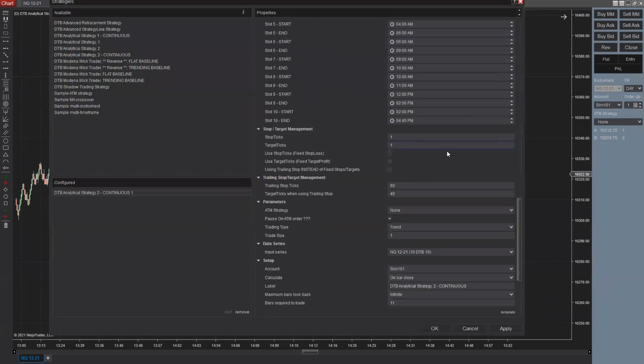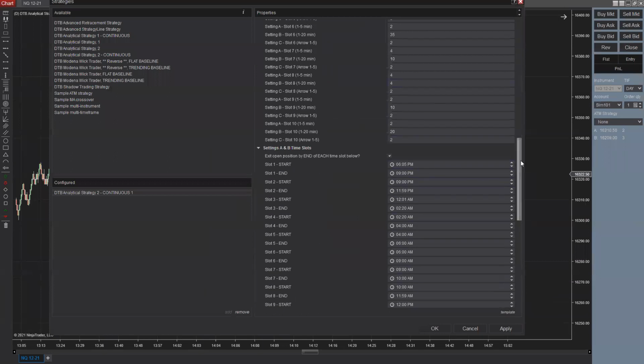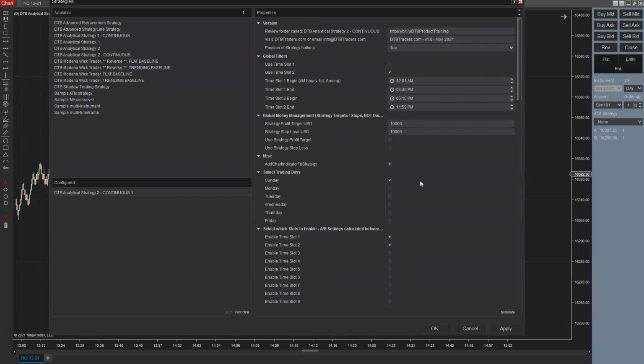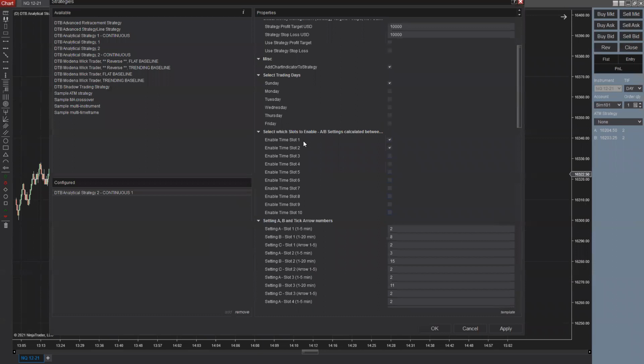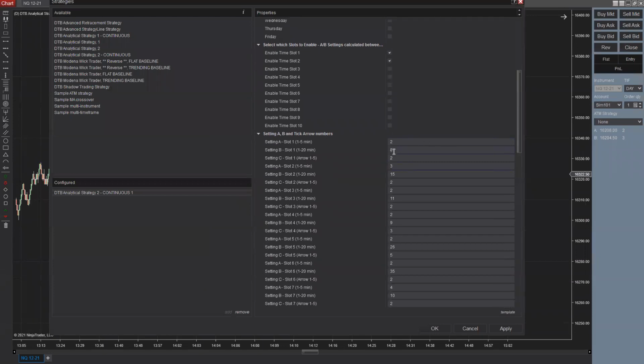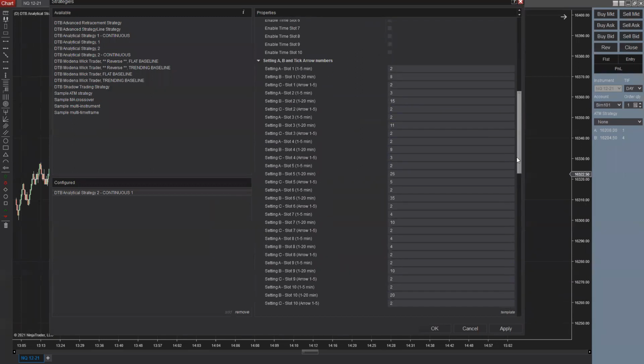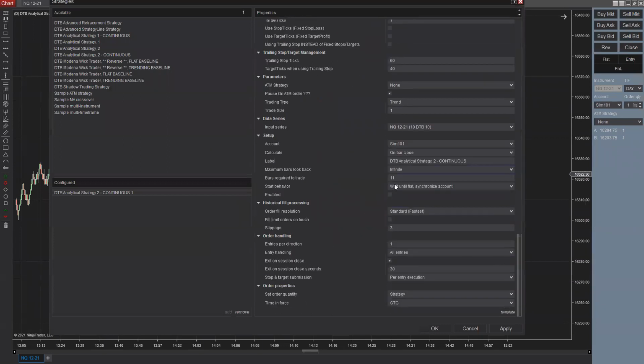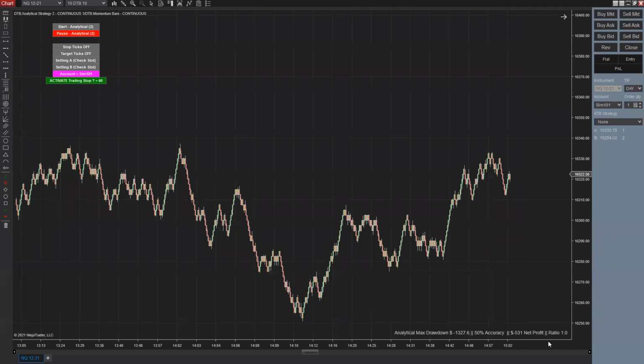Again, that's going to pre-populate everything. As you've noticed, we've got Sunday selected, and we've got slot 1 and slot 2 selected according to the optimization that we saved, the template. There's the values in slot 1 and 2 that it's got in there. It will still show you the rest of the slots, but we haven't selected them, so don't worry too much about that. And then we're going to enable, apply, and OK.